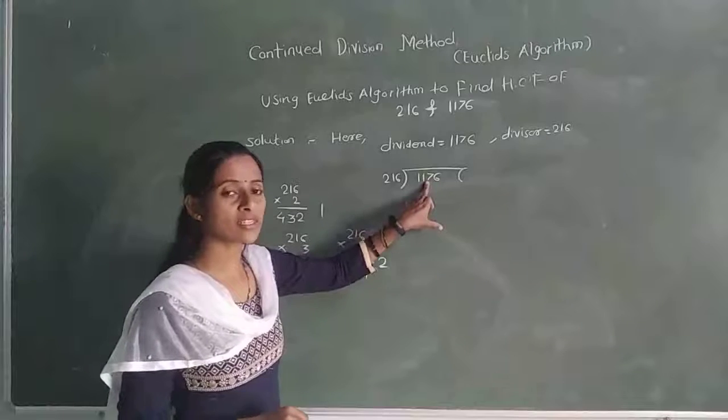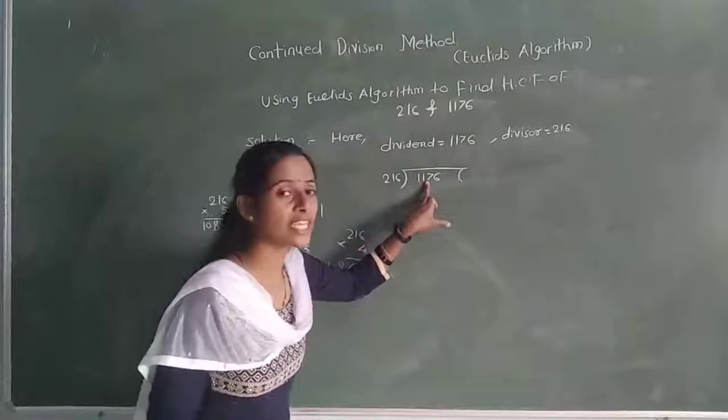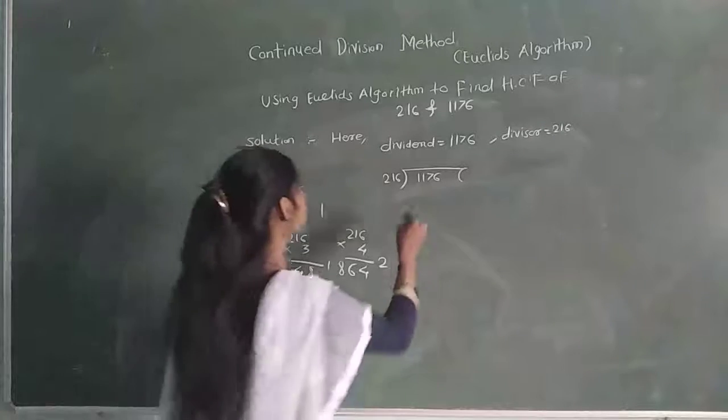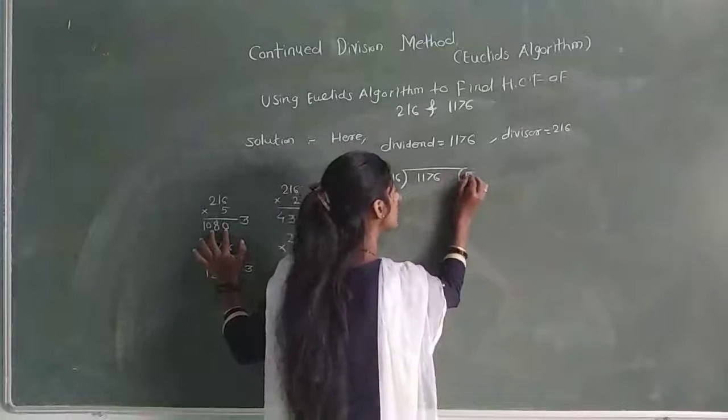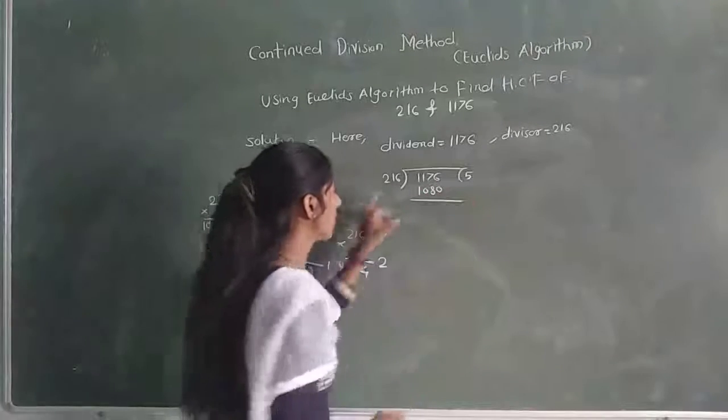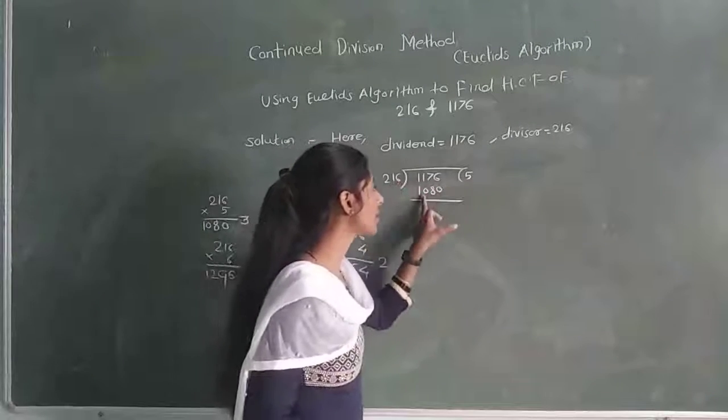Okay, so the previous closest number less than the dividend is 1080, that is 216 5s are 1080.